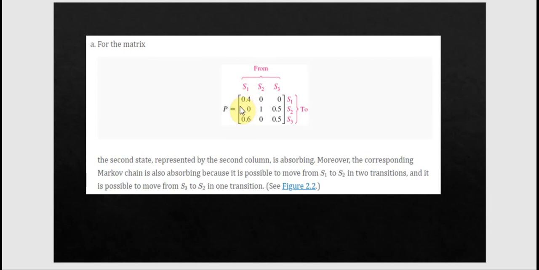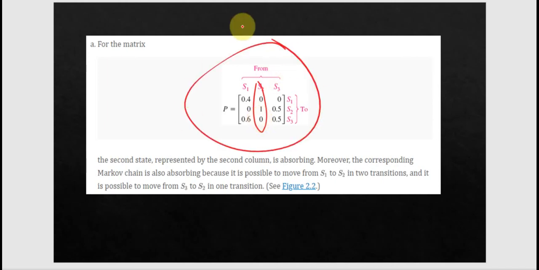Here, the second column is an absorbing column, right? Because that's where you have the 1 on the main diagonal and zeros elsewhere. Moreover, the corresponding Markov chain is also absorbing because it is possible to move from S sub 1 to S sub 2 in 2 transitions, and it's possible to move from S sub 3 to S sub 2 in 1 transition.